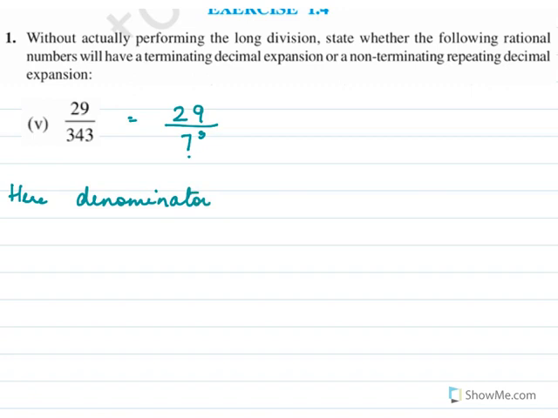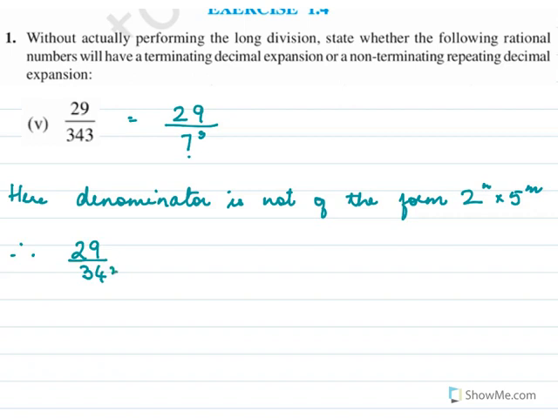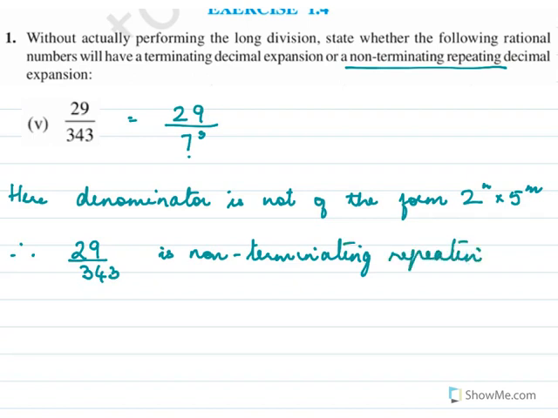Here the denominator is not of the form 2 raised to n, 5 raised to m. Therefore 29 over 343 is non-terminating repeating decimal expansion.